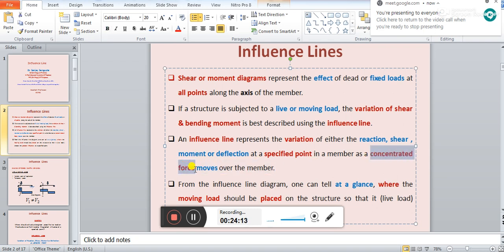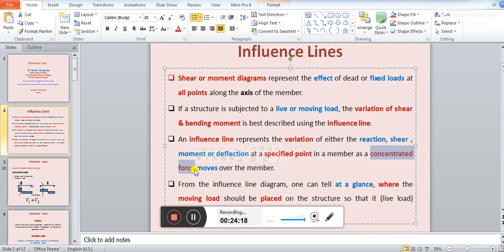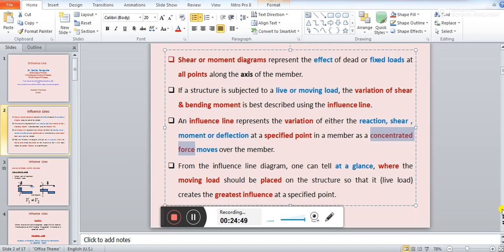While finding an influence line diagram, you will be moving a concentrated load over the member, and because of the movement of the concentrated force over the member, you will have to find out how the shear force, bending moment, reaction or deflections are varying at a specified or particular point.